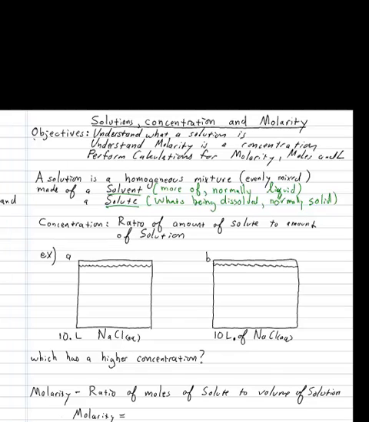So, let me do some molecular modeling for us. Let's say that one dot here represents 1 mole of NaCl. Remember, a mole is just a number of particles, how chemists measure particles.